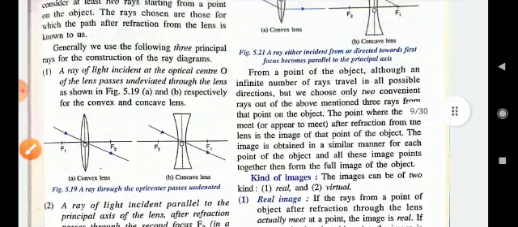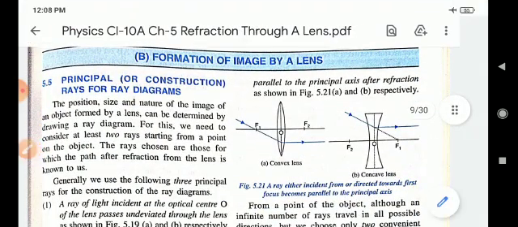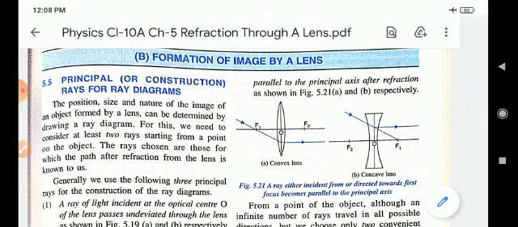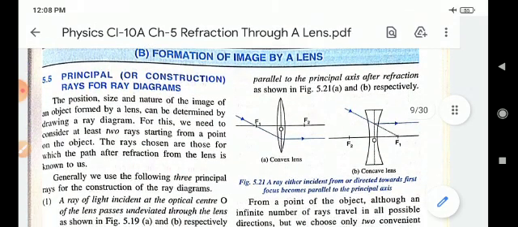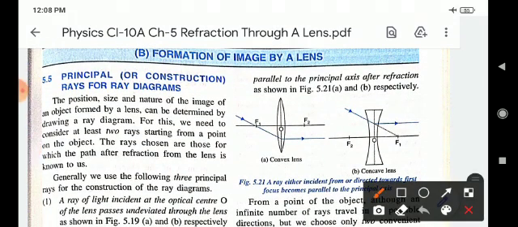Rule number 3. A ray of light passing through the first focus f1. After striking the lens, it bends parallel to the principal axis. Okay?